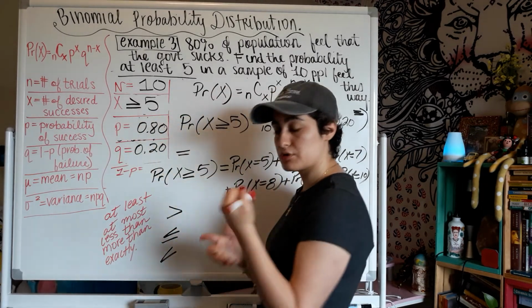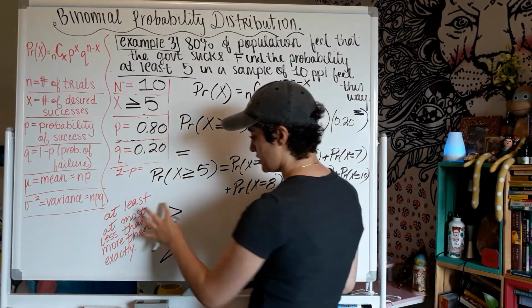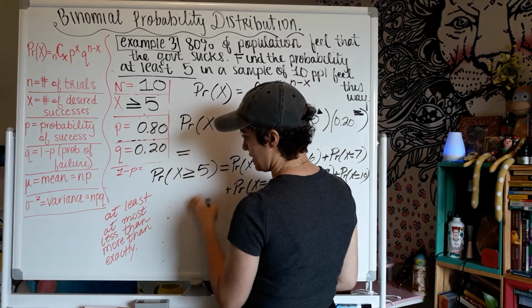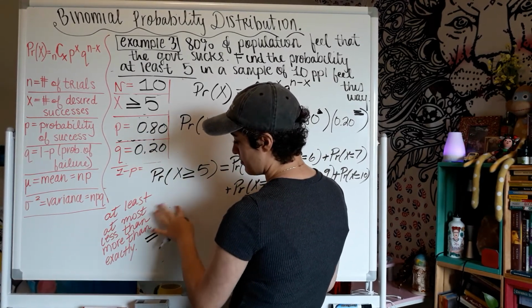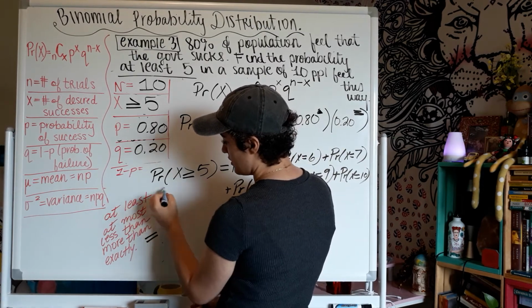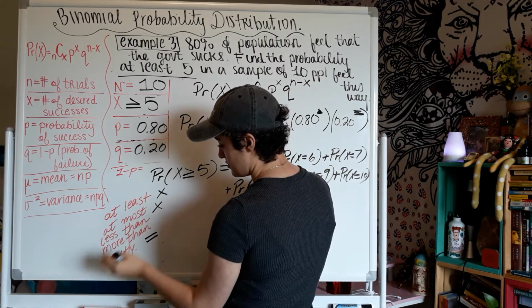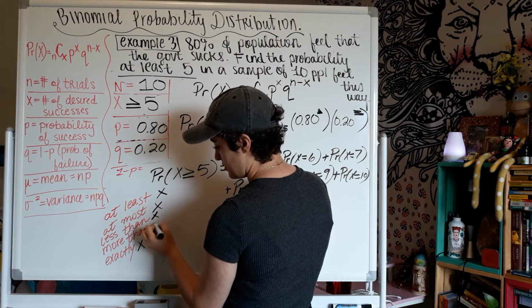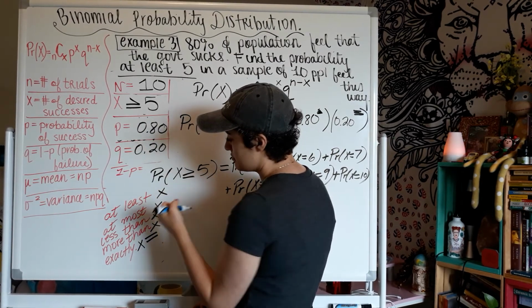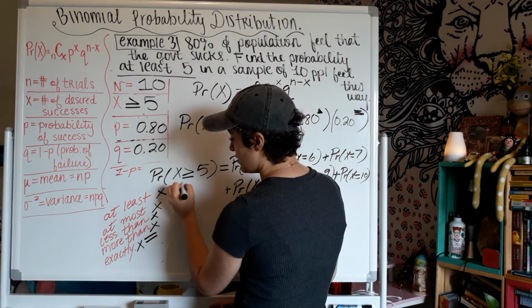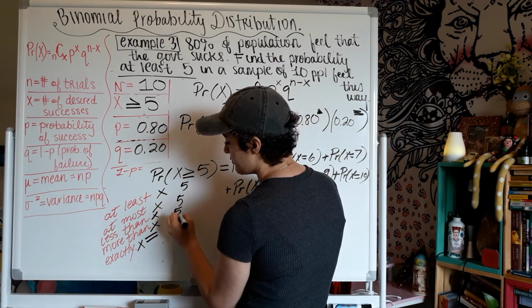So the symbols that correspond with those would be, obviously that's the equal sign. Let's do at least, so let's say 5.